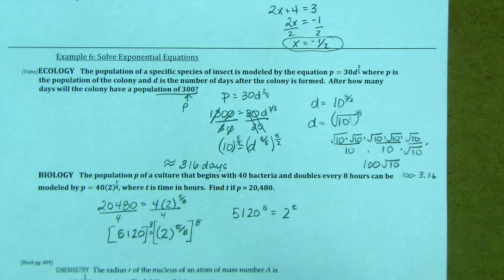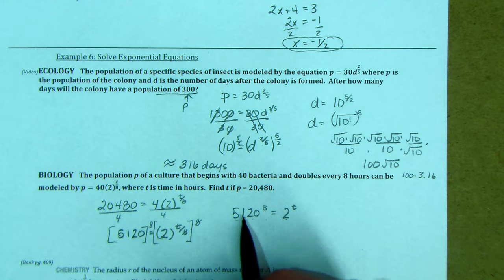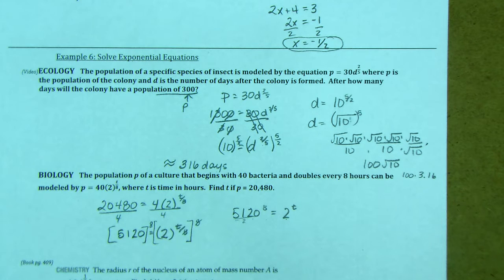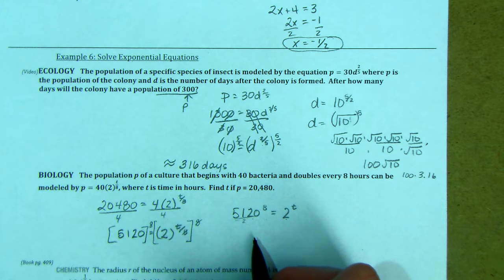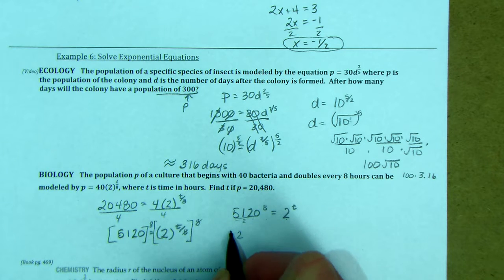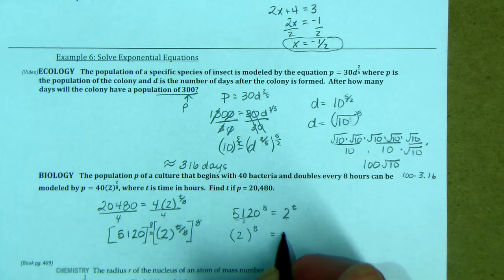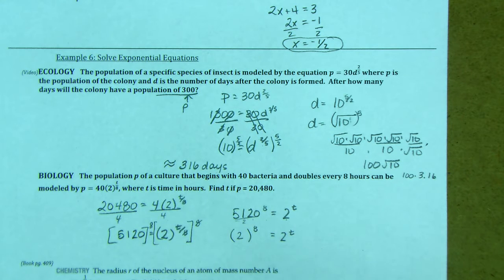Why would I leave it? Well, because I know this is 2 to some power. So let me ask you, what do you think? Do we think 2 to a power will give me this? All right, let's break it down. Let's divide this by 2. 5,120 divided by 2. So 2 to the what power? I know that 2 to the 5th is 32, 2 to the 6th is 64, and I'm doing this on my calculator here.